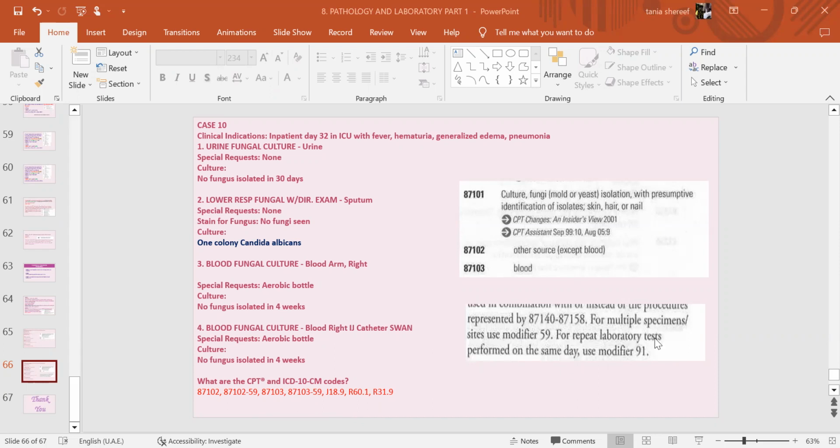For a repeat laboratory test performed on the same day, use modifier 91. We already saw that example: for glucose using the reagent strip, after half an hour we repeat the same test on the same day, then we use modifier 91 with the second one. But here this is multiple specimen or site, so we should use modifier 59.